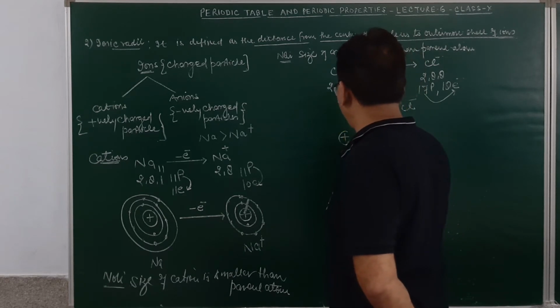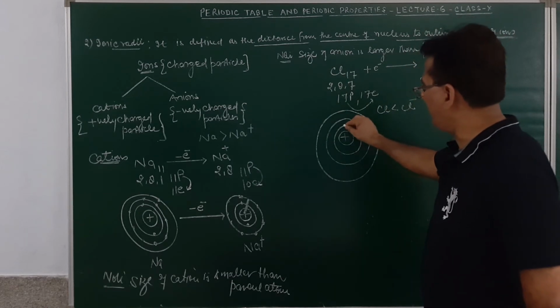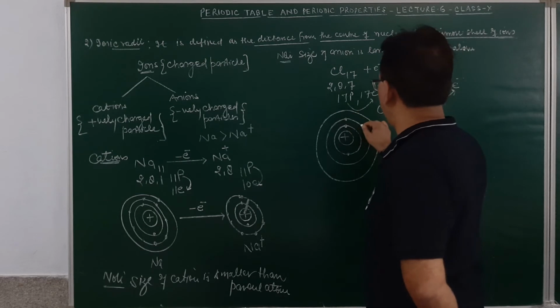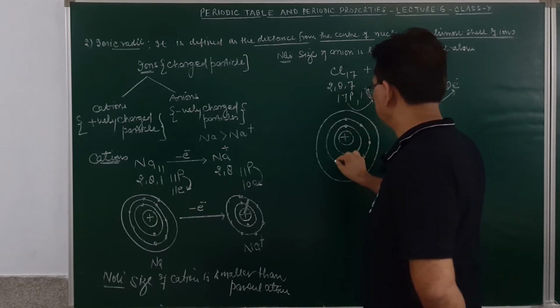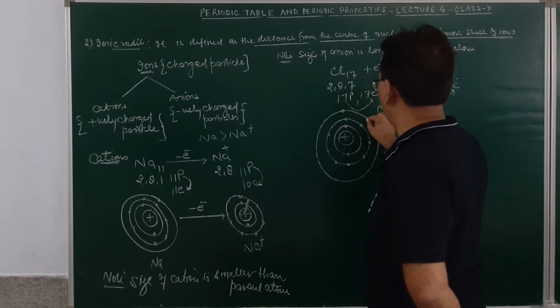This is the nucleus. This will be the first energy shell, then the second energy shell and the third energy shell. Yes, in the first energy shell there will be 2 electrons. In the second energy shell there will be 8 electrons. And in the third energy shell there are 7 electrons.